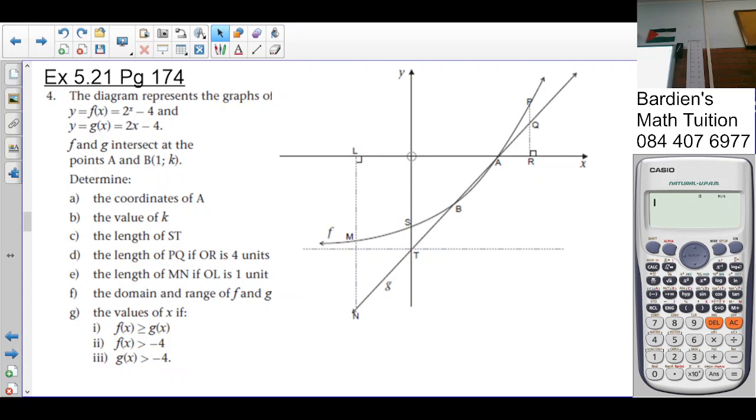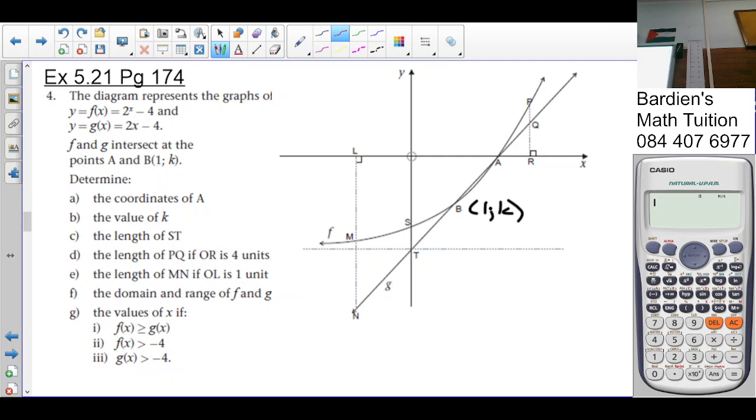What type of graph is that? An exponential function. Not so? And y equals g of x, which is equal to 2x minus 4. F and g intersect at points A and B, where B is (1; k). Determine the coordinates of A.